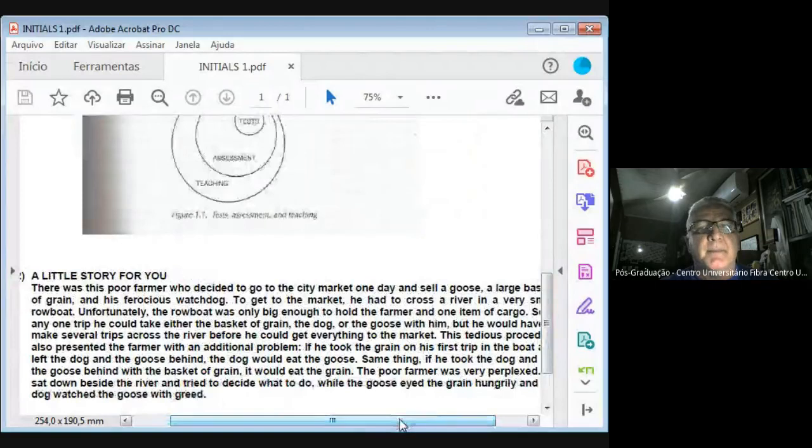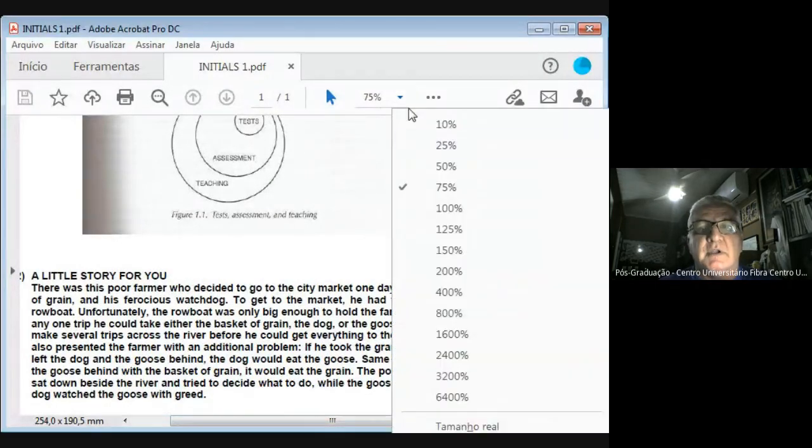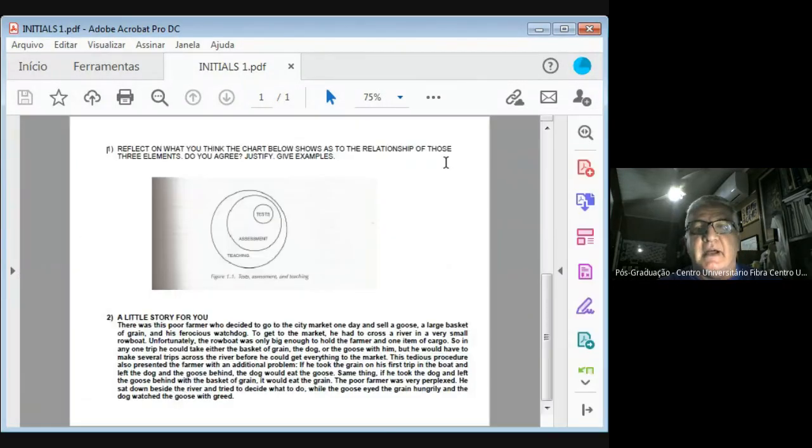Yes? Okay, so I'll have to make it a little smaller. Now, I know that this is a little difficult to read, but if I don't do this, you cannot see all the text, okay? So you have this in your material, right? So you don't need to worry about that. You have this in your material.